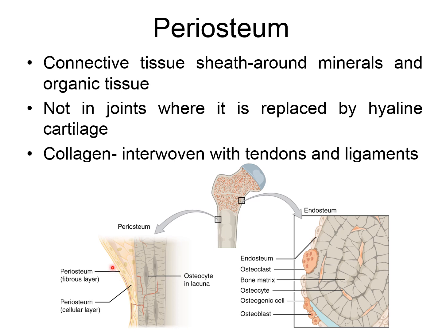The fibrous layer is made up of irregular collagenous connective tissue that contains blood vessels and nerves. The inner layer is attached to bone, and it is made up of a single layer of bone cells, which include osteoblasts and osteochondral progenitor cells.